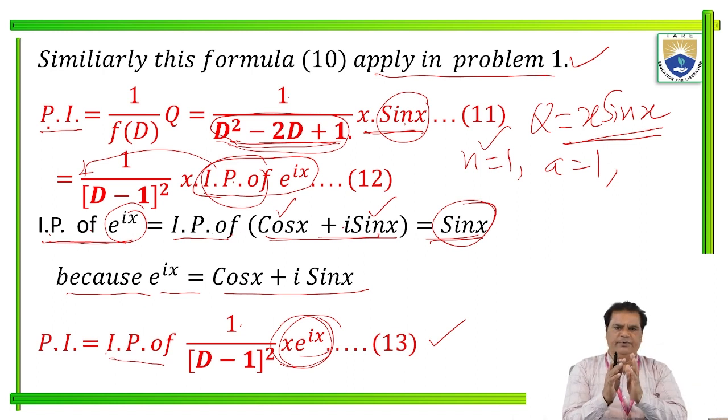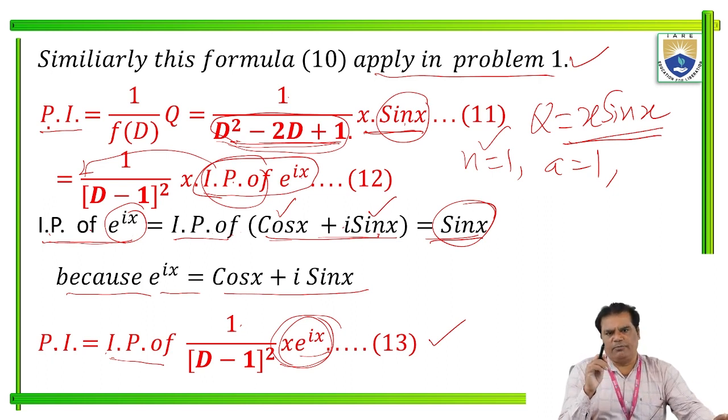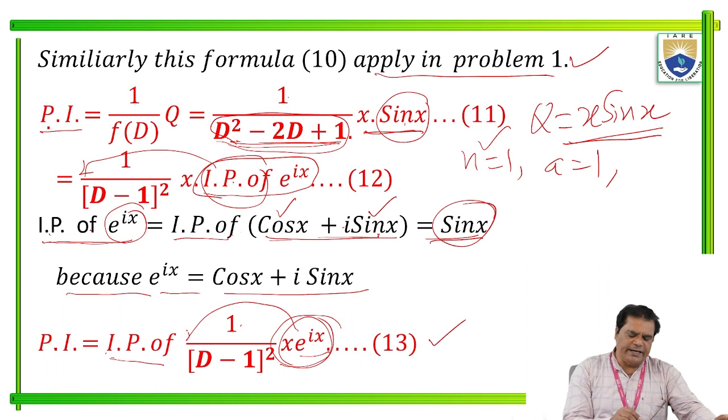And as we saw in the last problems, if there are two functions, one algebraic and the other exponential, then the exponential function is taken to the left side. Suppose the exponential function is e to the power ax. So e to the power ax is taken to the left side and D is put equal to D plus a. This is the basic formula I discussed in the last problems. So here we take e to the power ix, the exponential function, to the left side and put D equal to D plus i.